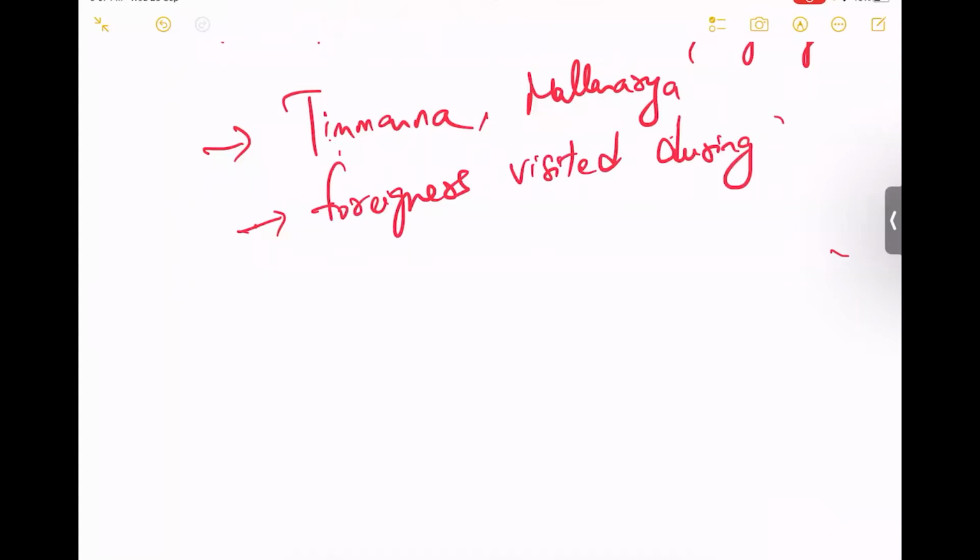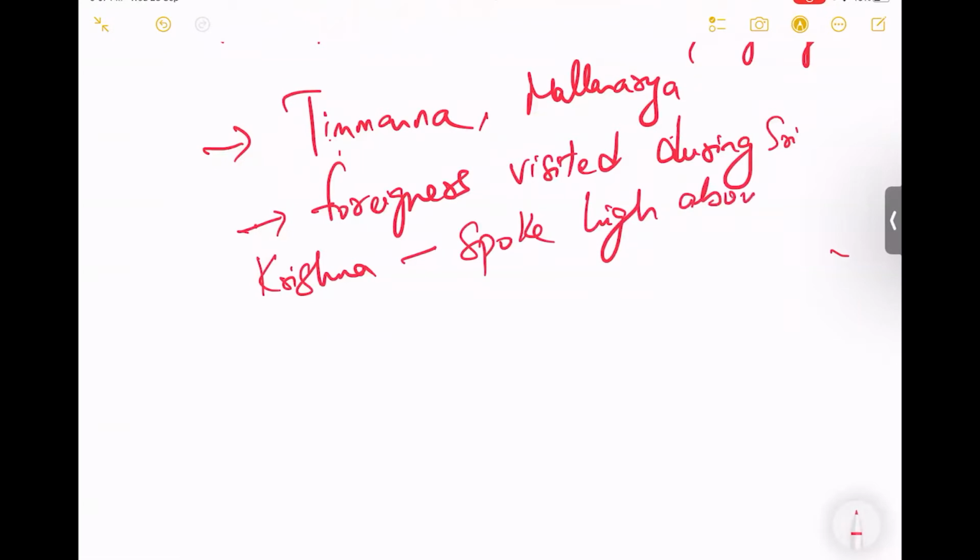Foreigners visited during Sri Krishna Devaraya, and they spoke highly about the Vijayanagara kingdom. Okay, and these are the important parts you have to write in this answer.